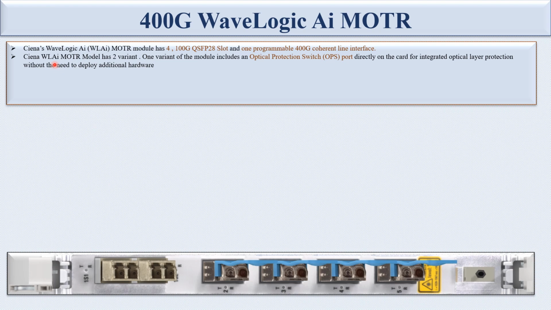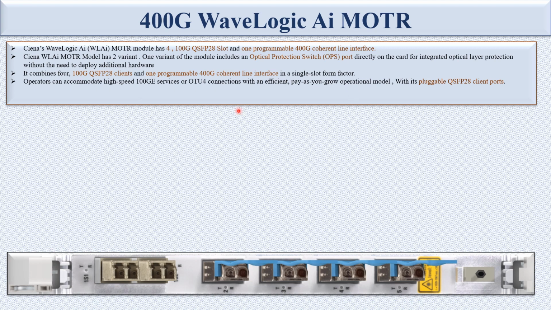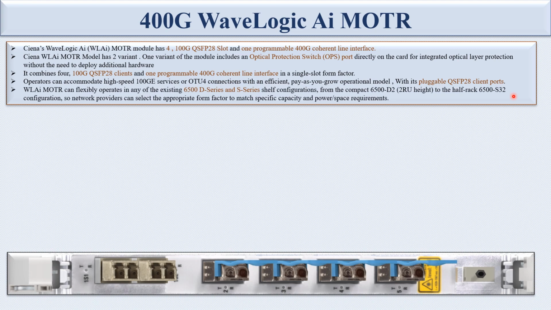The Ciena WLAI MOTR model has two variants which we already discussed, one with the OPS port and the second without the OPS port. It combines 4 x QSFP28 clients and one programmable 400G coherent line interface in a single slot form factor. Operators can accommodate high-speed 100G services or OTU4 connections with an efficient pay-as-you-grow operational model with its pluggable QSFP28 client ports.